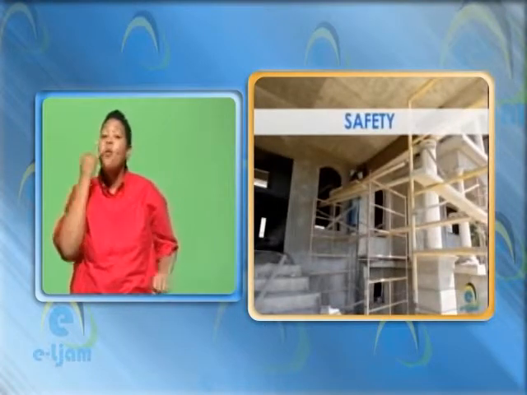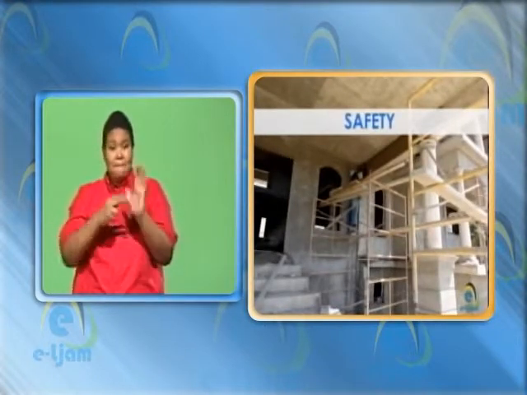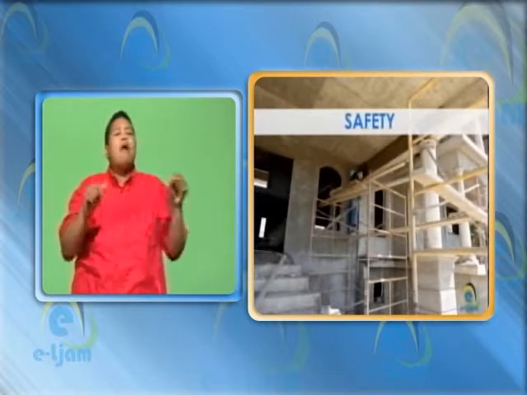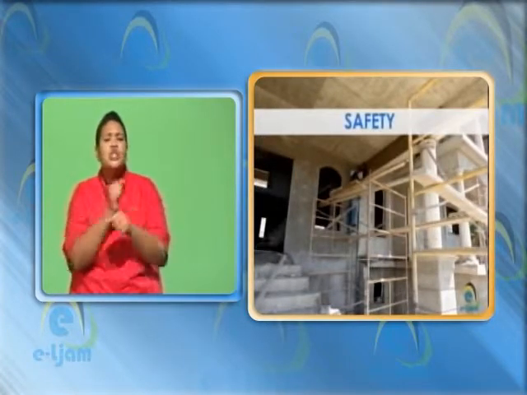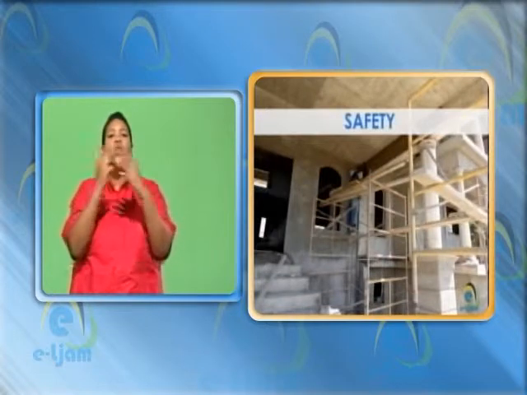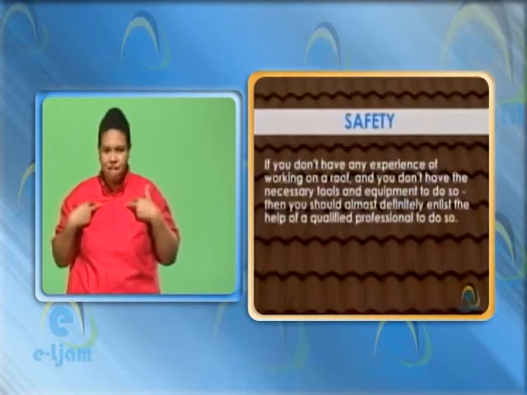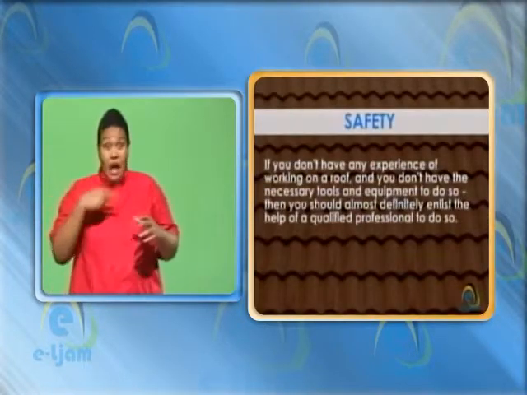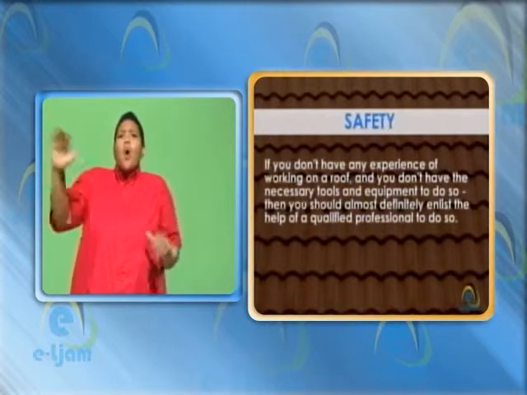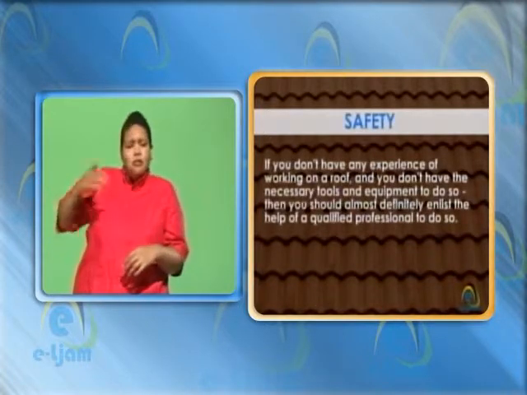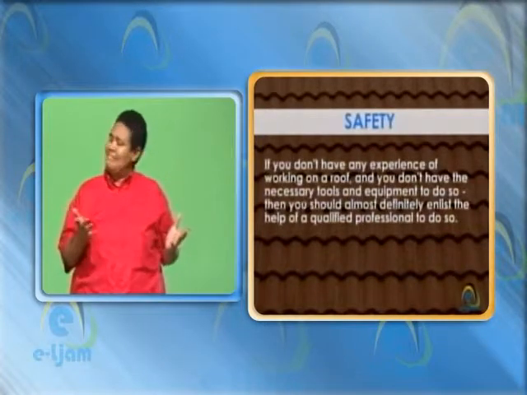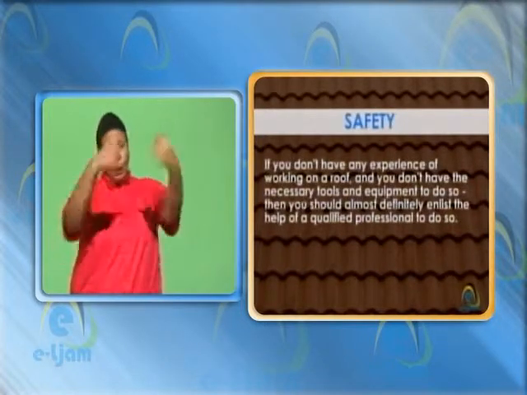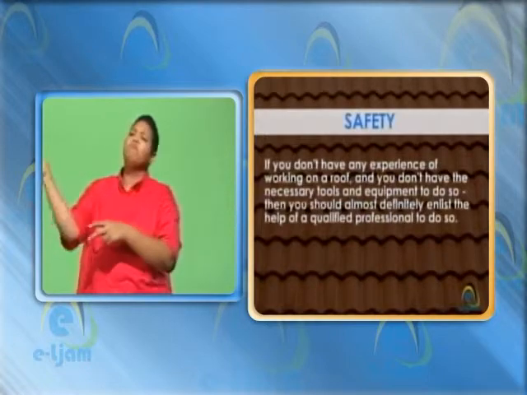Using scaffolding is often one of the safest ways to work on a roof, as it provides the stability and security needed to access the roof without putting yourself in unnecessary danger. If you don't have any experience of working on a roof, and you don't have the necessary tools and equipment to do so, then you should almost definitely enlist the help of a qualified professional.